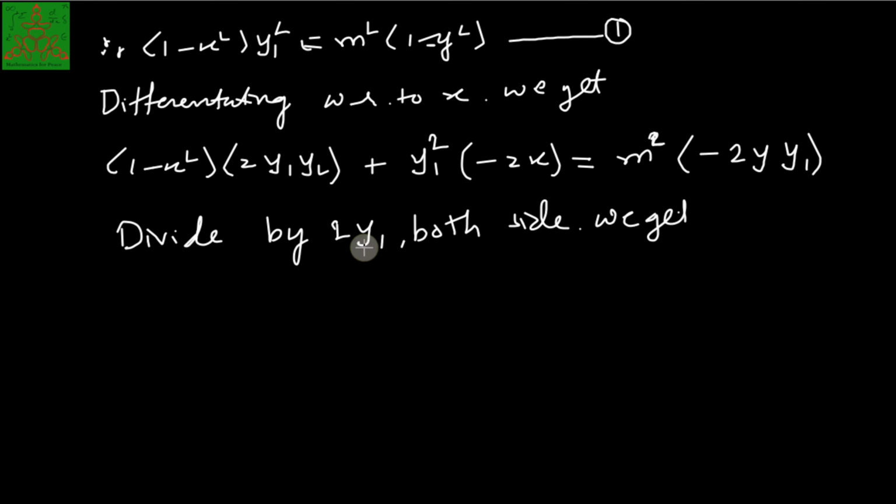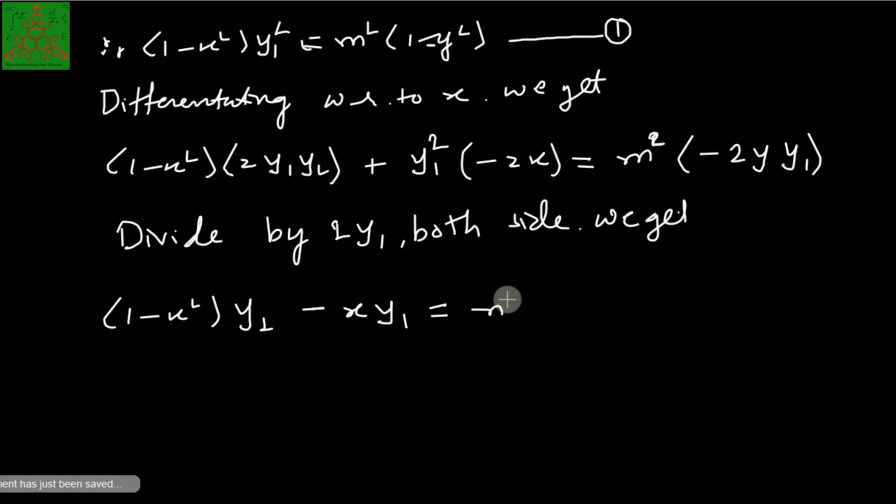So we'll divide by 2y1, if 2y1 is non-zero. That will give me now (1 minus x square) y2 minus x y1 is equal to minus m square y.